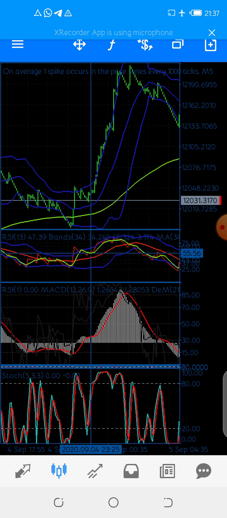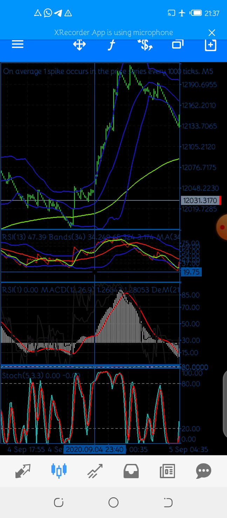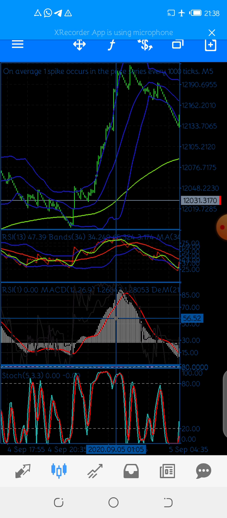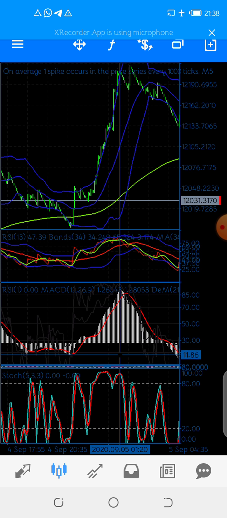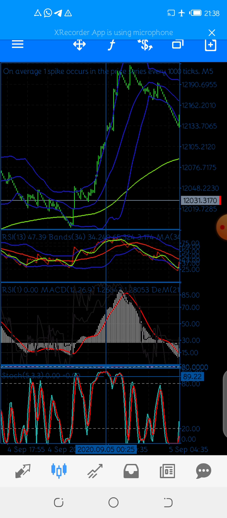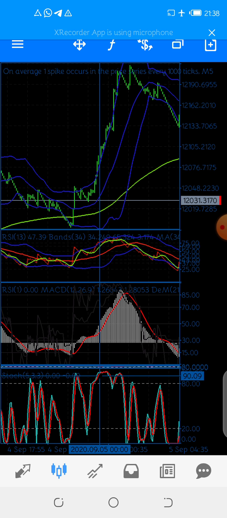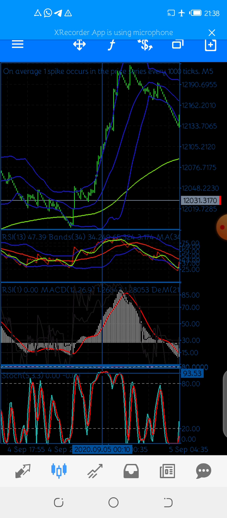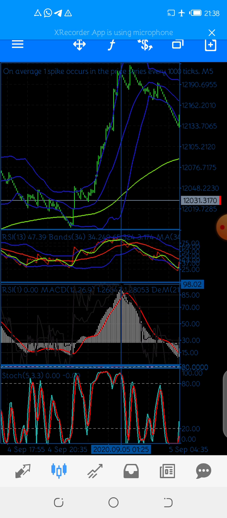Like here, you can also use the stochastic to take your profit, especially if your stochastic has gone all the way to the peak. As it's trying to reverse and come down, you can take your profit. But mostly, I use the MACD.